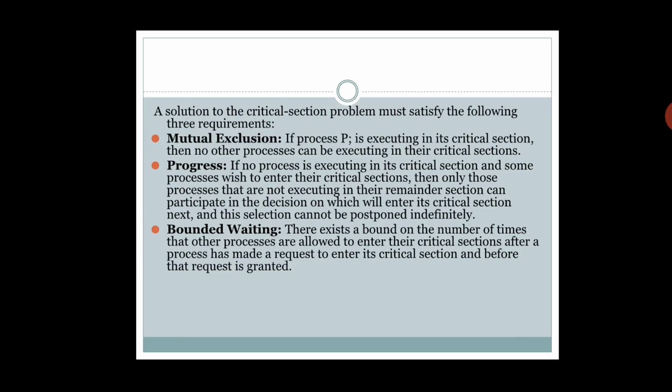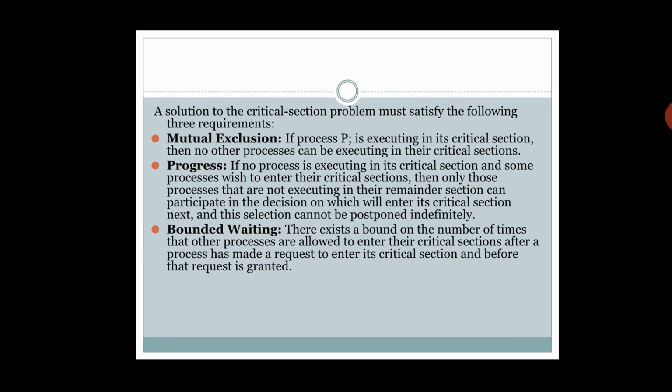Each and every process will have its own segment of code, and that segment is called the critical section. It is not like a general or public area where any process can come and execute. Each process has its own, and in that section this process will be executing.